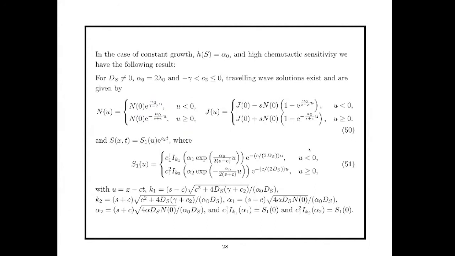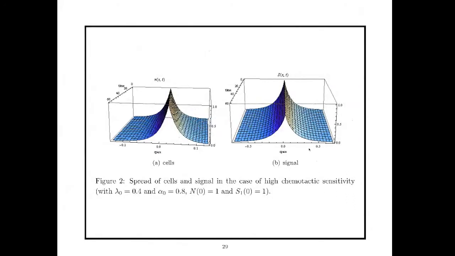I've just looked at the high chemotactic sensitivity case here. Okay, and again, we have solutions when the diffusion is non-zero. This again is a plot of both the distribution of the cells and the signal over a particular time.